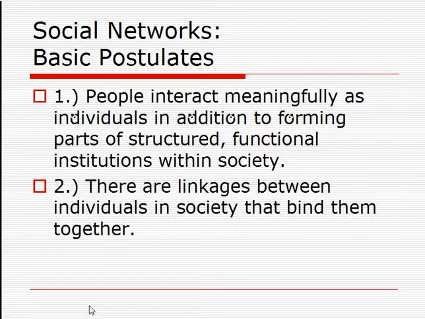People interact meaningfully as individuals in addition to forming parts of structured, functional institutions such as classes, castes, or occupational groups, within which domains of communication also exist. Further, as the word network implies, there are social linkages between individuals that bind them together.